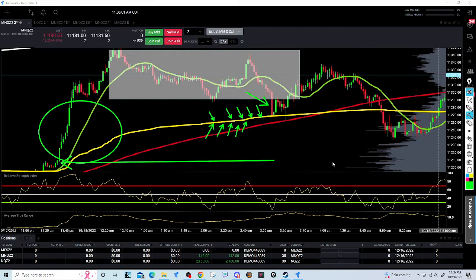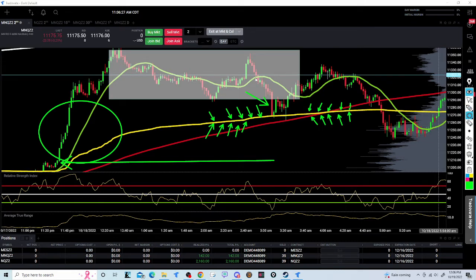But the VWAP, you should always assume that you're going to see a reversal at the VWAP. So this trade I would not have taken.